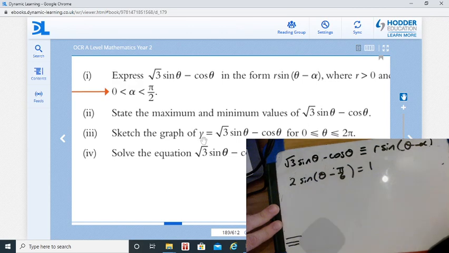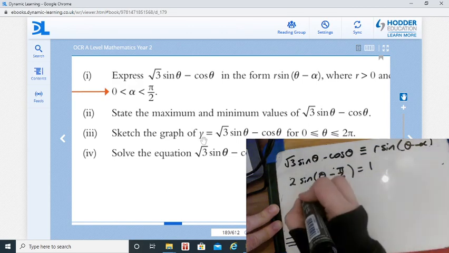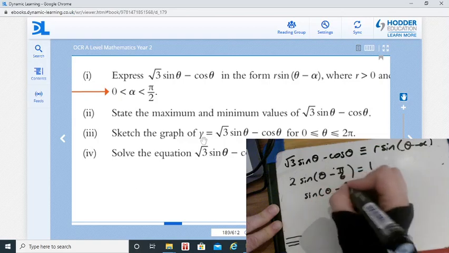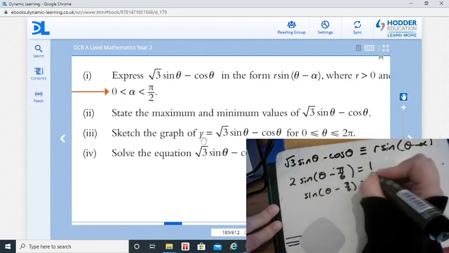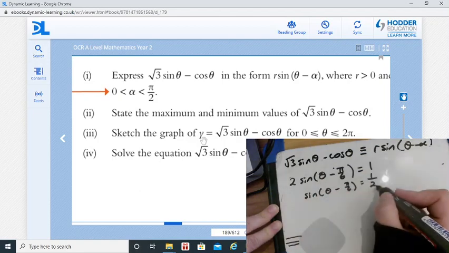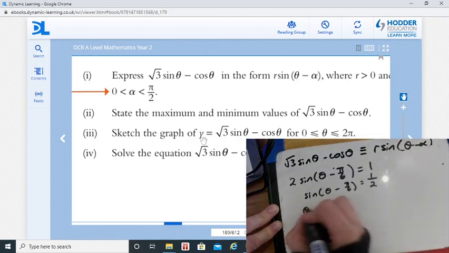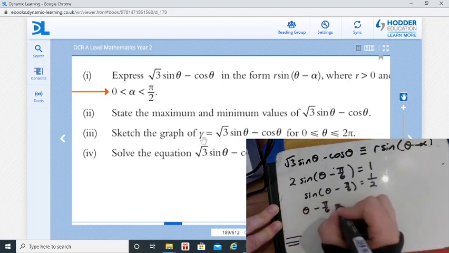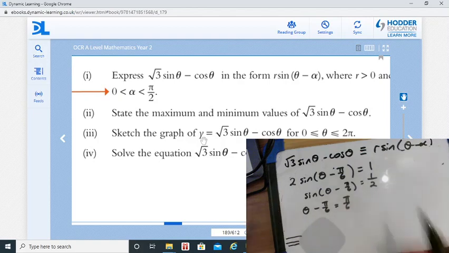Now it's easily solvable. Divide by 2, that equals a half. It's a sine one, so shift sine of a half. Well, you should know it off by heart, but if you don't, it's pi over 6. So that means theta minus pi over 6 is equal to pi over 6. Don't believe me?